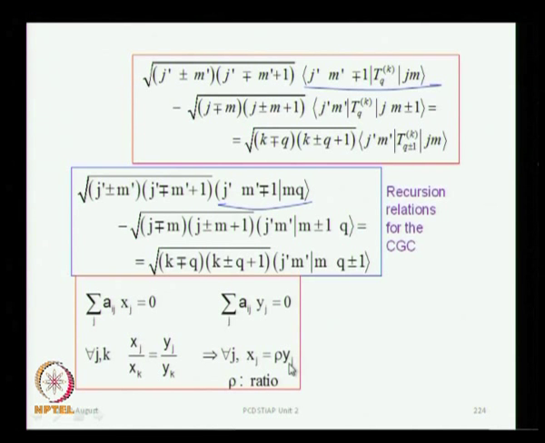Essentially what it means is that x j is proportional to y j and x j over y j is a certain constant, which is a ratio. Okay.